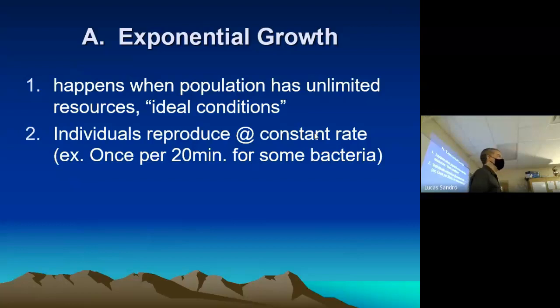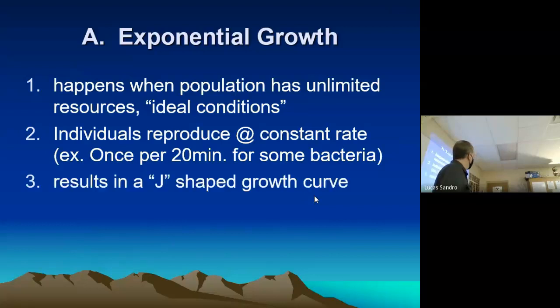And when anything reproduces at a constant rate, they begin to have a doubling time, as in every 20 minutes for those bacteria, or every 30 years for humans. It's a period, a regular interval at which the population doubles. And as soon as you have that, you have an exponential growth curve. Like Grant said, it's a J curve.